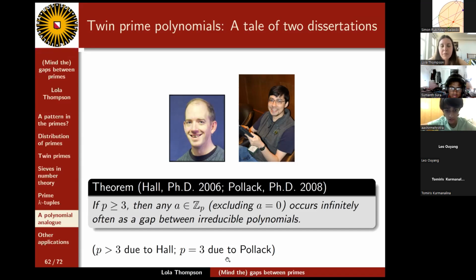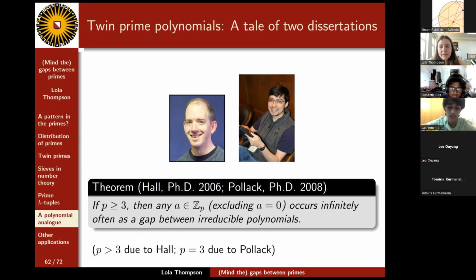Notice how a number like 2, if it's inside of Z_p, so if p is at least 3, which is the condition here, could appear infinitely often as a gap between irreducible polynomials. And so you do get infinitely many pairs of irreducible polynomials that differ by 2. This is the twin primes analog in the polynomial world.